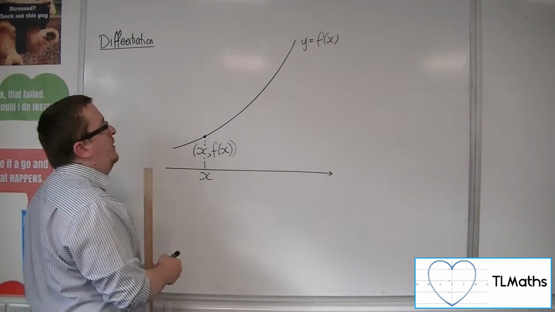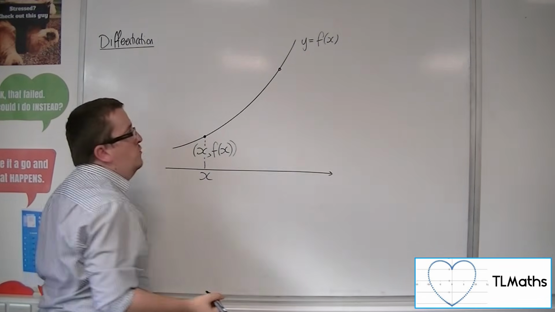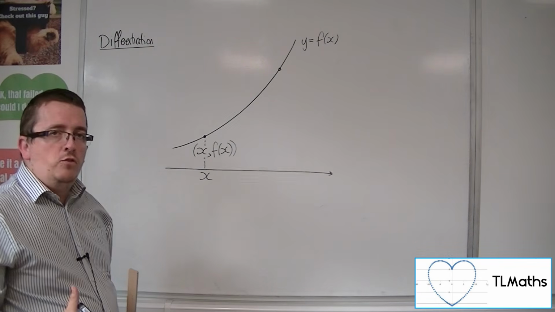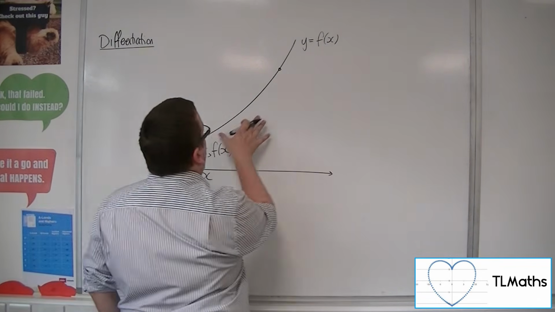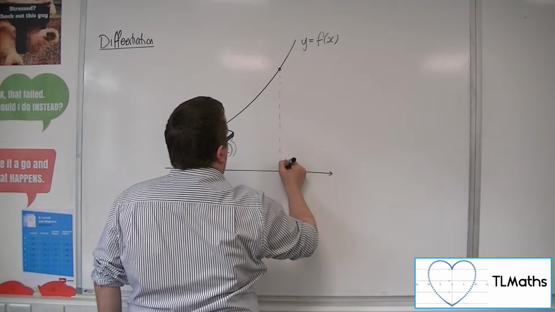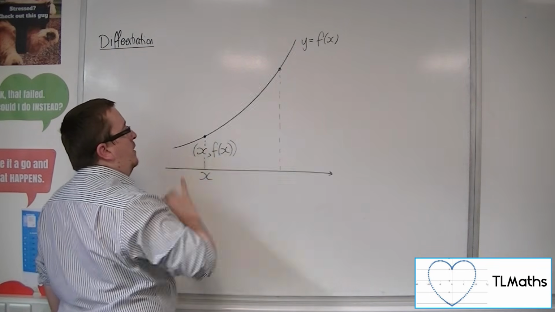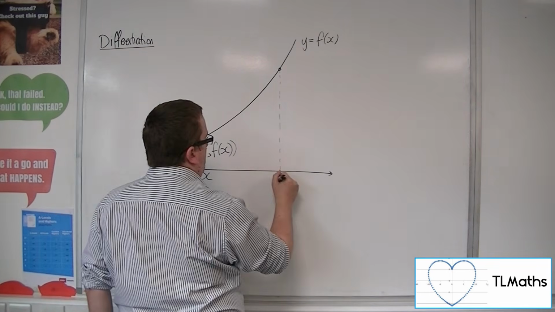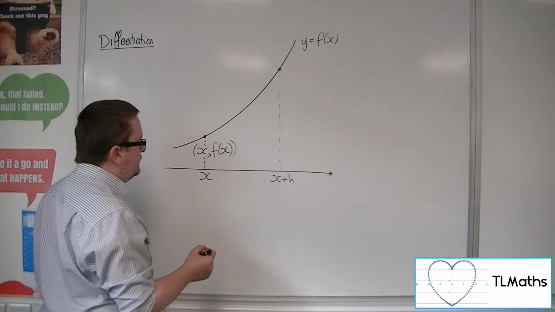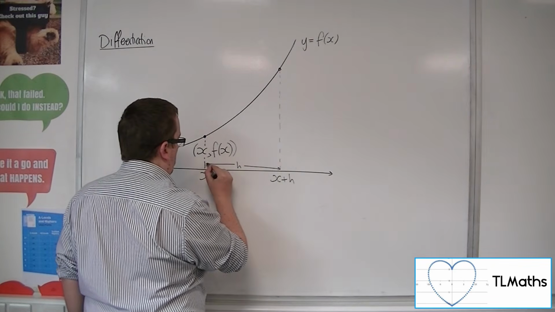So what I do is I look at another point that's reasonably close by. Imagine that I've zoomed in on my graph here, okay? So that this is close. And let's say that this is h further along the curve. So this now has x coordinate x plus h, so that this distance is h.